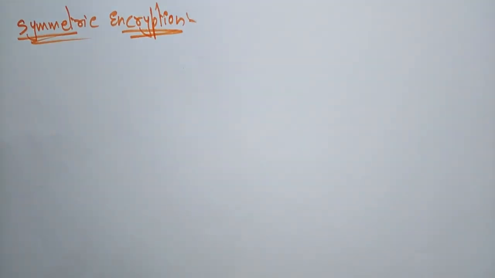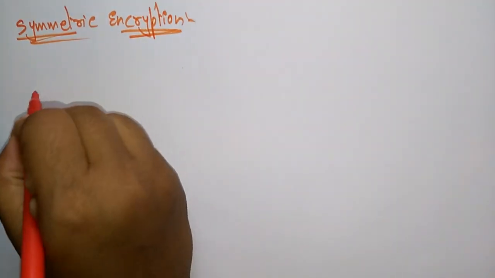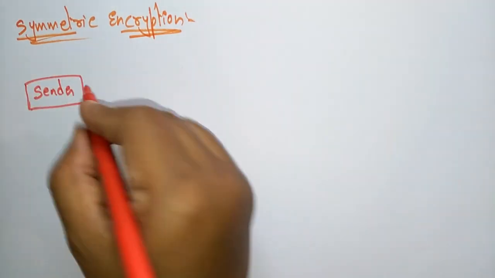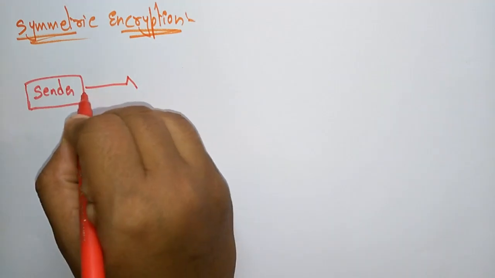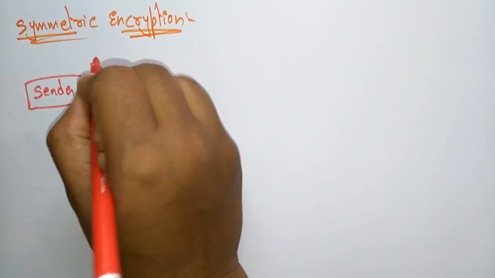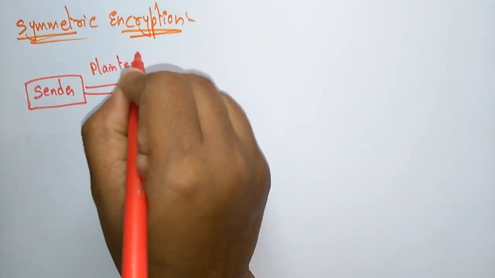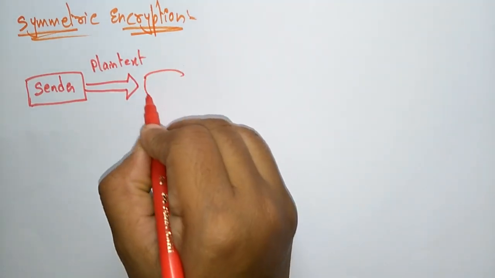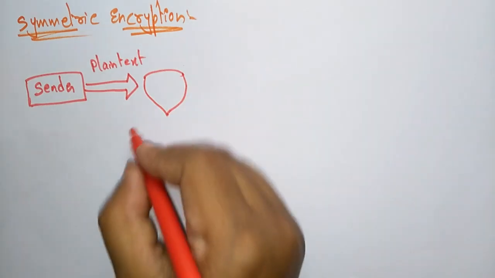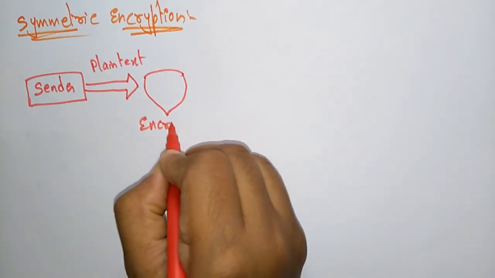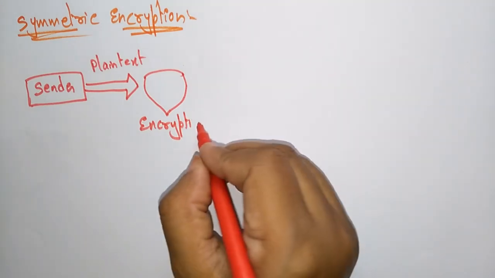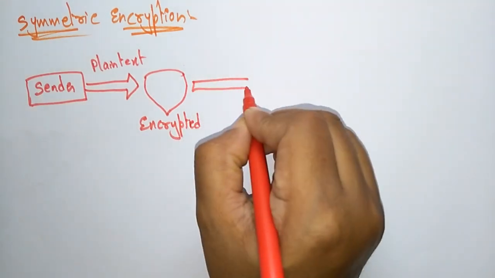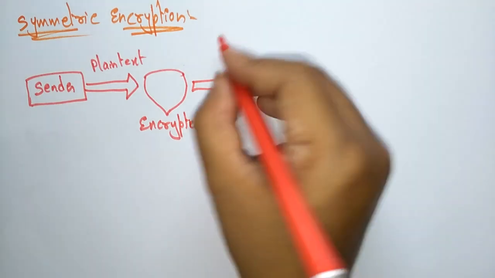Okay, so first the sender was there. The sender sends the plain text. This plain text is encrypted by using a key, so that it is in the form of ciphertext.